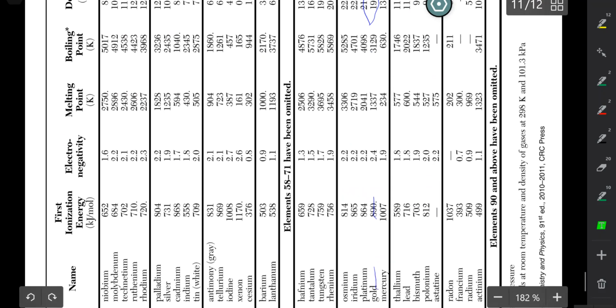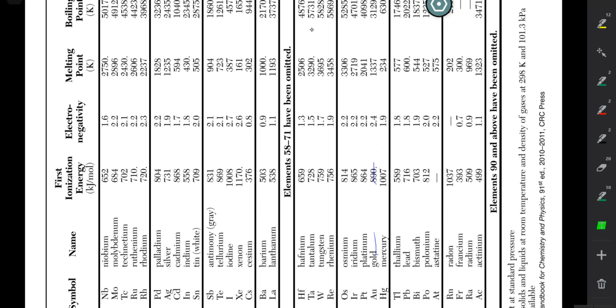So if I was to compare, for example, niobium with molybdenum, I see that molybdenum has a higher electronegativity than niobium. So therefore, molybdenum is more likely to attract electrons and behave as a non-metal, while niobium is more likely to not attract electrons and behave more like a metal.